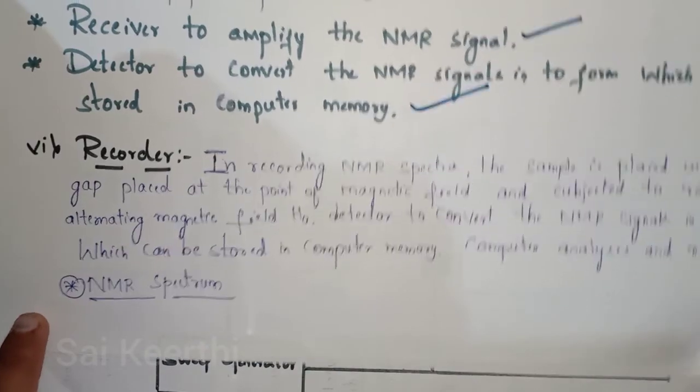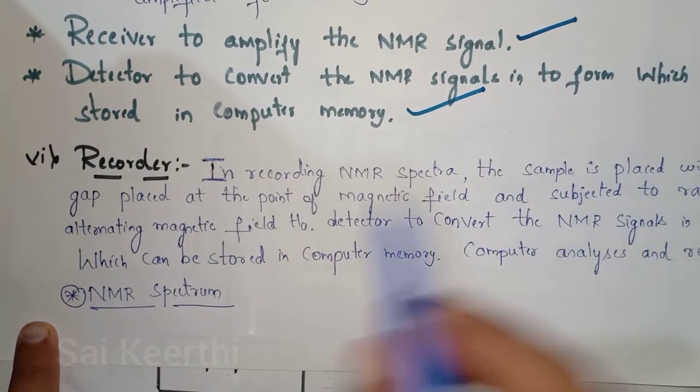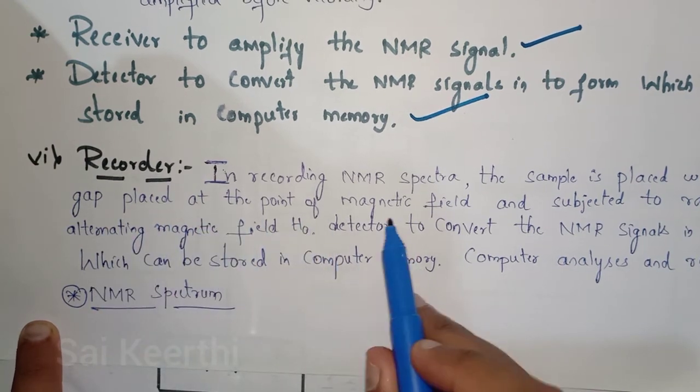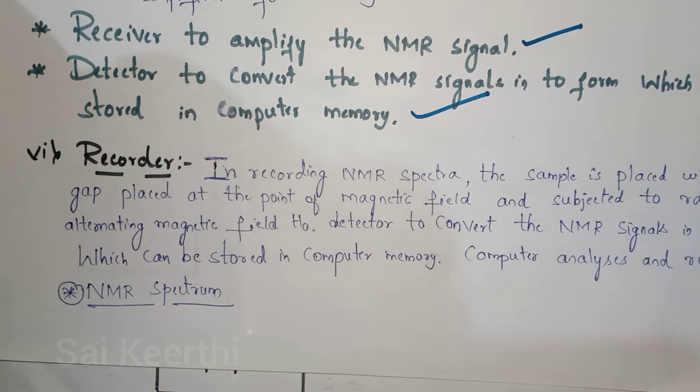In recording NMR spectra, the sample is placed within the pole gap at the point of magnetic field and subjected to the radio frequency alternating magnetic field H0, and the detector converts the NMR signal into a form which can be stored in computer memory, and the computer analyzes and records the data.